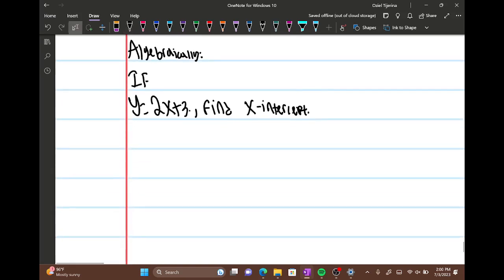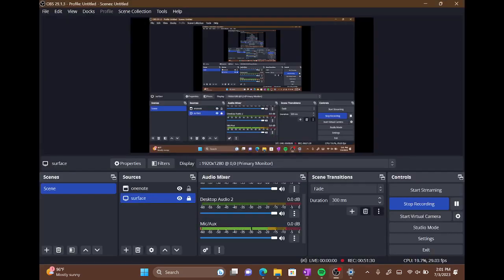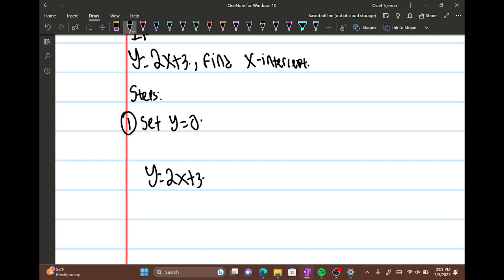So the way this would go is, I'm going to write down my steps here. Step 1, set y equal to 0. So I have my little equation here, y equals 2x plus 3. I'm going to set y equal to 0.